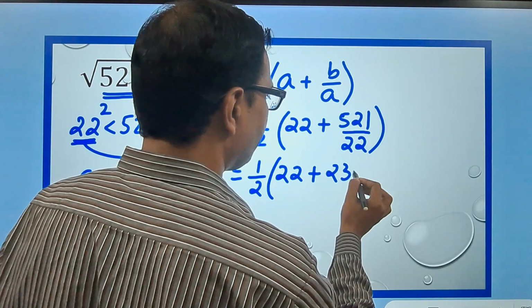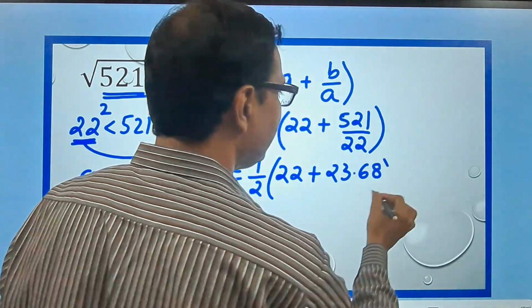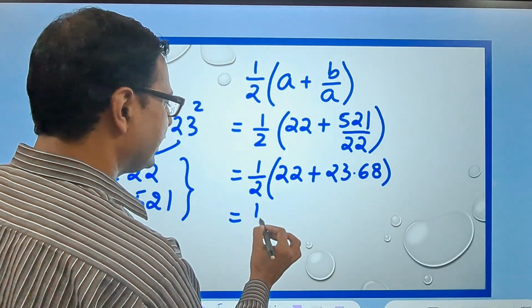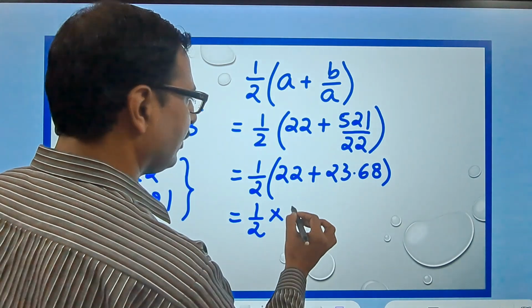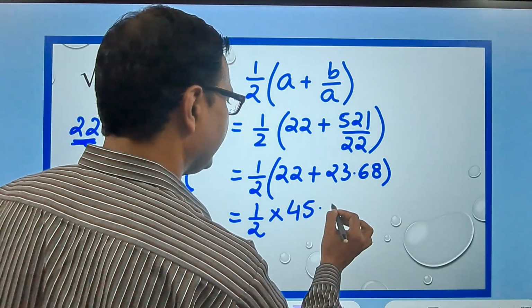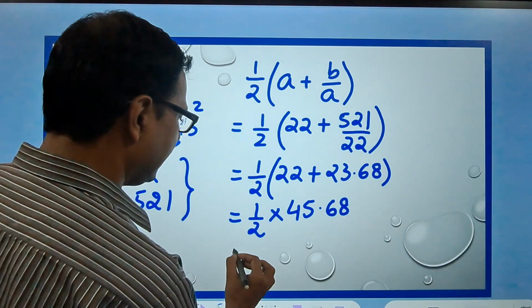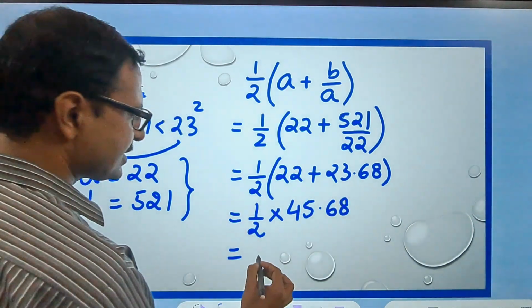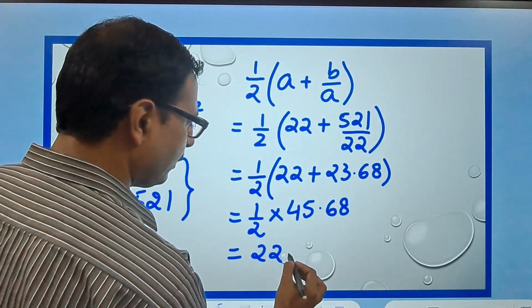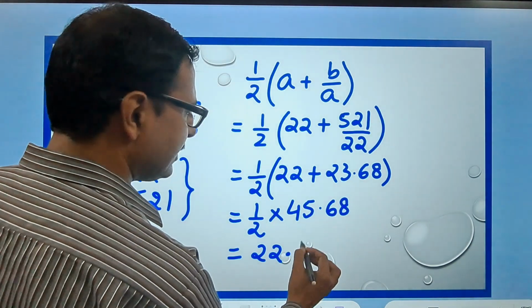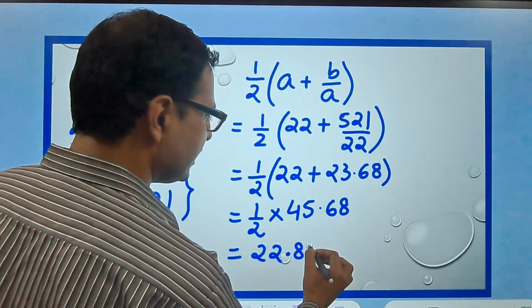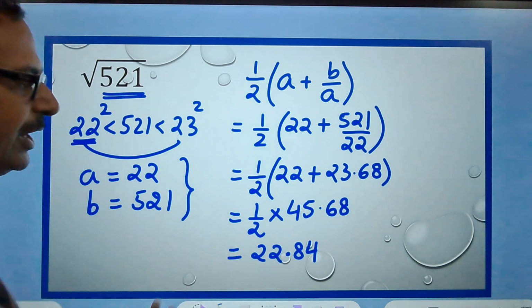This is 23.68 approximately, and if you add the numbers in the bracket, this will be half of 45.68, and half of 45.68, this will be 22 point, and then 16 means 8 and 8 means 4, 22.84.